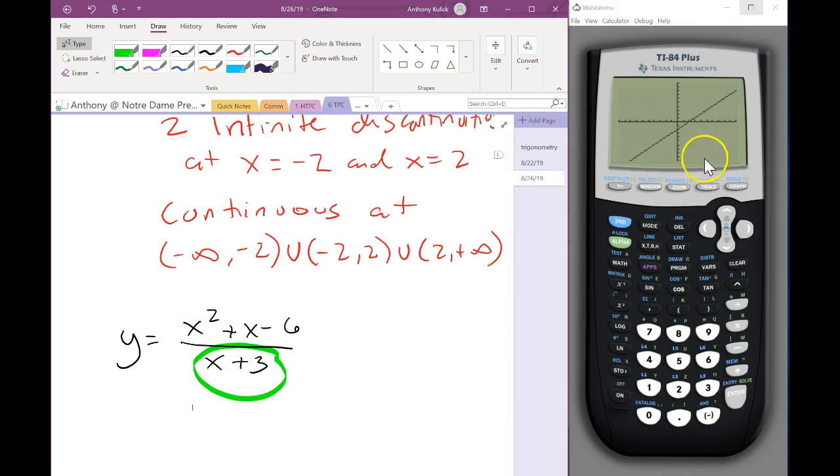So let's see what's happening. I'm gonna zoom in really tight here to around the point where -3 is. So I'm just gonna do this with my window. Well, -3 plus 3 is 0, and we know that we can't have a 0 denominator.